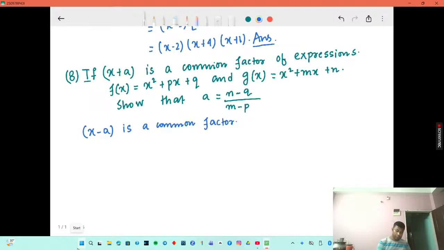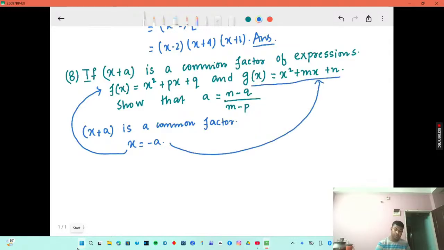So now, x plus a is a factor of this given equation. So when we put x equal to minus a in this equation, the resultant will be 0. And if we put x equal to minus a here also, the resultant will be 0, because x plus a is the common factor of the expressions f(x) and g(x) simultaneously.